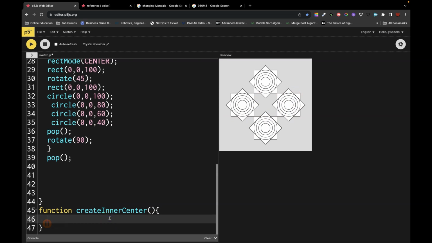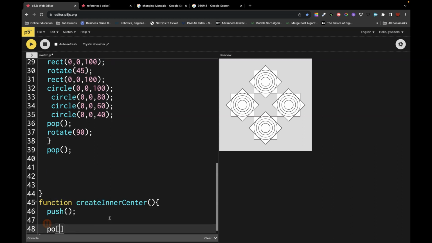So I'm going to draw one shape. I'm going to draw a rectangle, and I want it to be not exactly in the center. But maybe I might want to have it rotate a little bit as we're going around. So again, I'm going to use push, and I'm going to use pop.